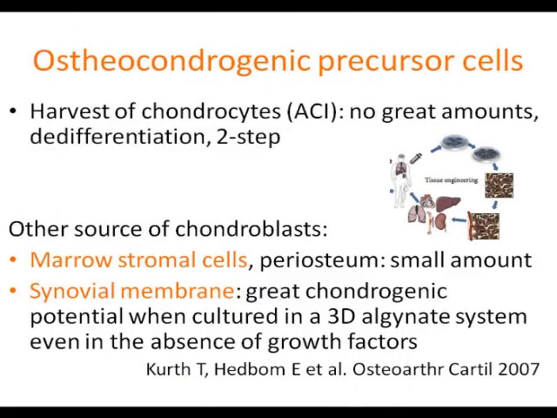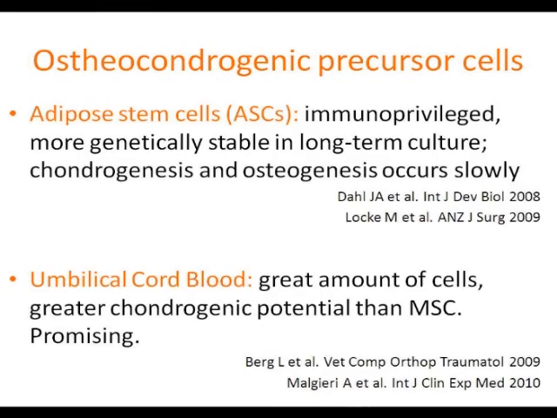The cells are the same thing as in the bone. We can use marrow stromal cells, synovial membrane, adipose stem cells, umbilical cord blood, with pros and cons, advantages and disadvantages. But still, we are very far away from the recreation of a true cartilage.